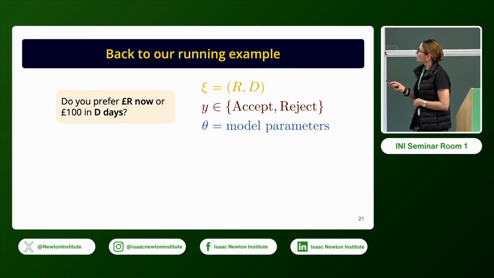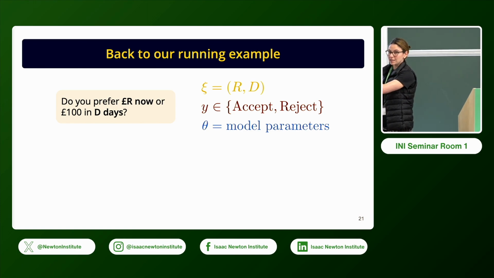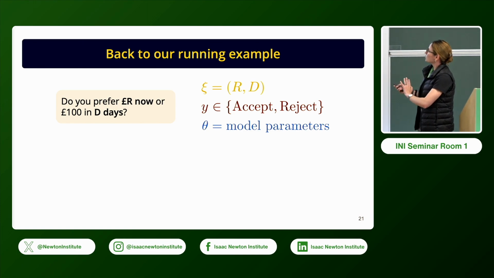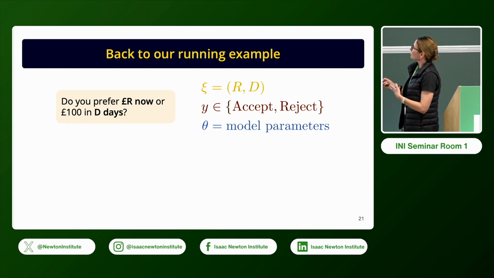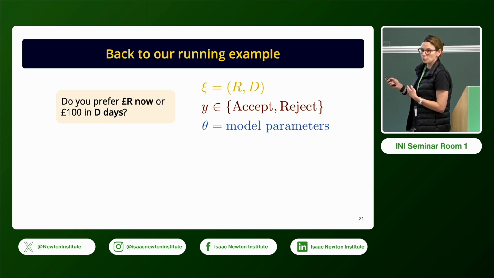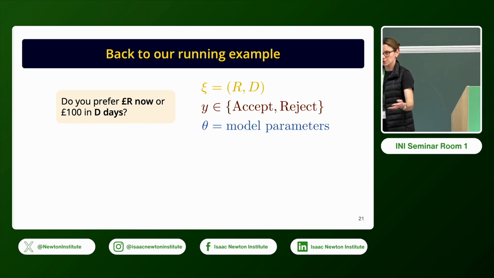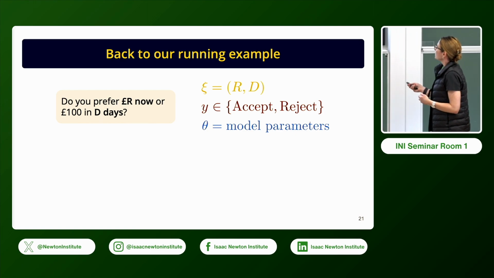Right. So what are the designs, outcomes, and parameters in our running example model, right? Our design will be the tuple of the reward now and the delay in days. The outcome is binary, whether the participant accepts or rejects the delay.